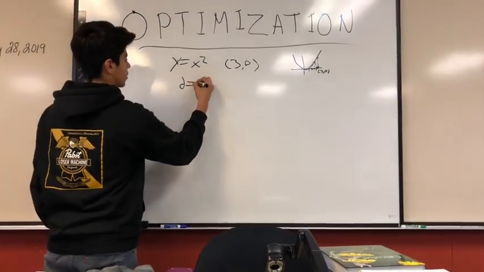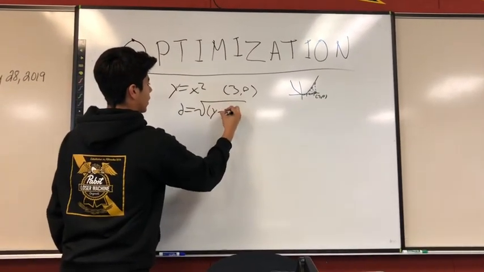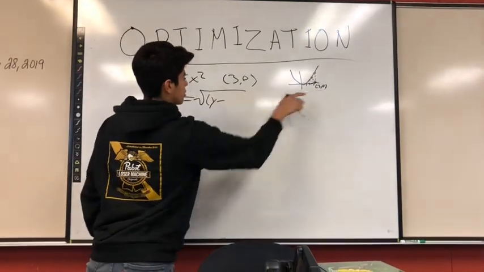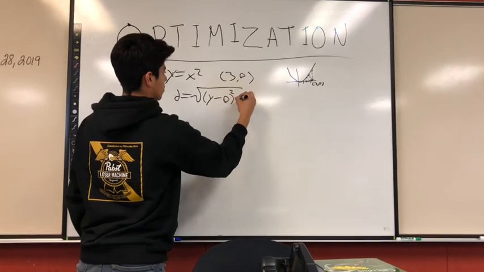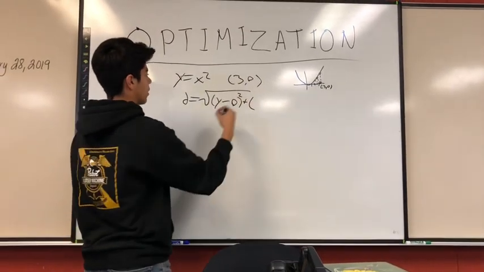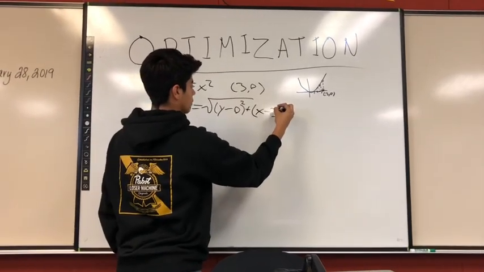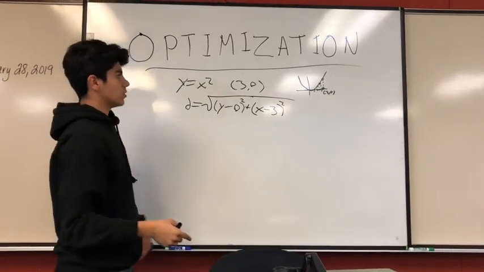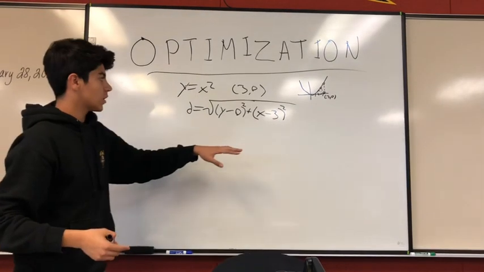So our distance is going to be equal to the square root of y minus, and we'd say y2 minus y1, and our y here is 0, and we square that, plus we're going to take our x minus this x, which is 3, squared.